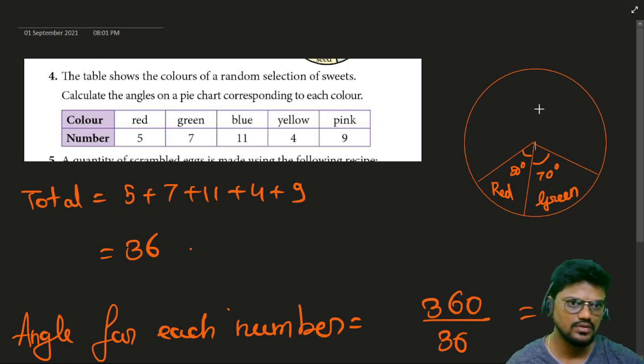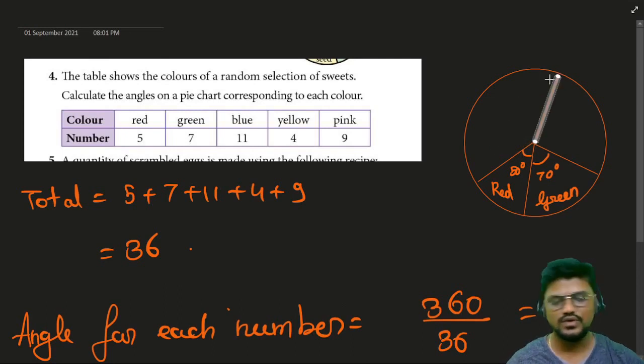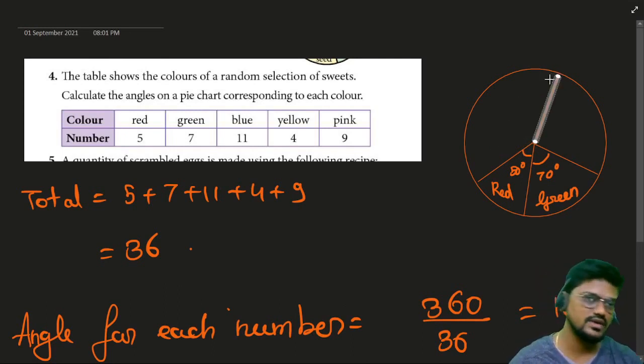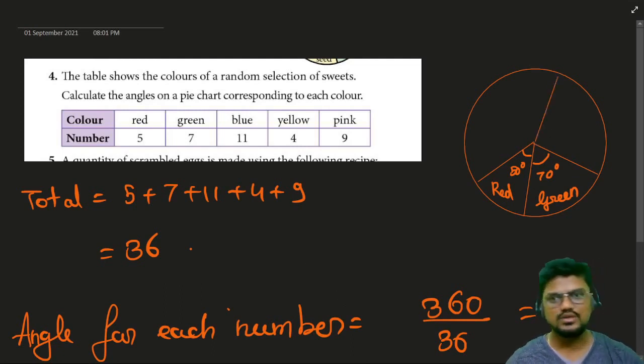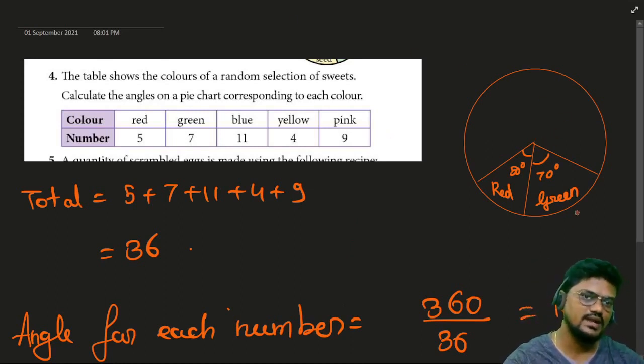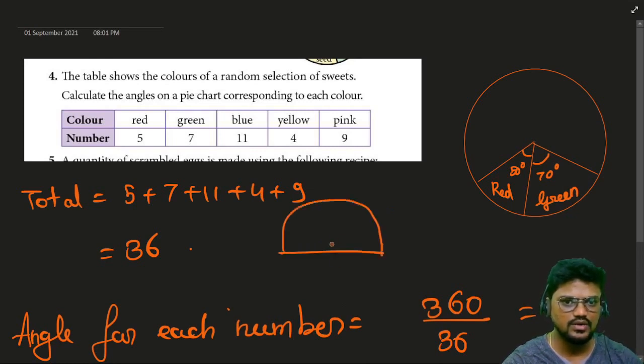Sir, but how do you draw it with a protractor? Okay, I'll explain. When I want to draw this 110 degrees, with this kind of protractor there is a center over here.